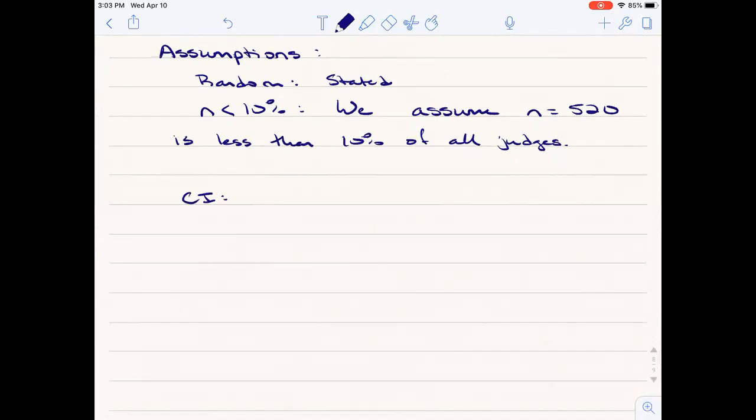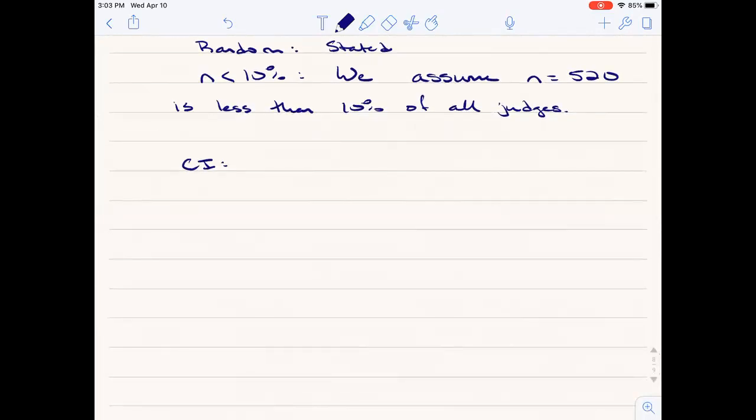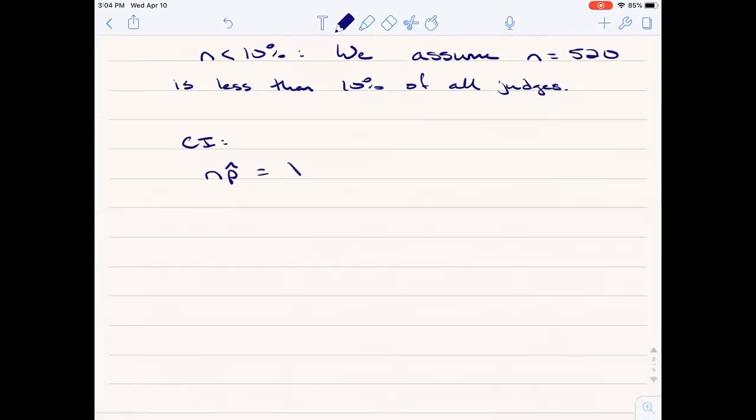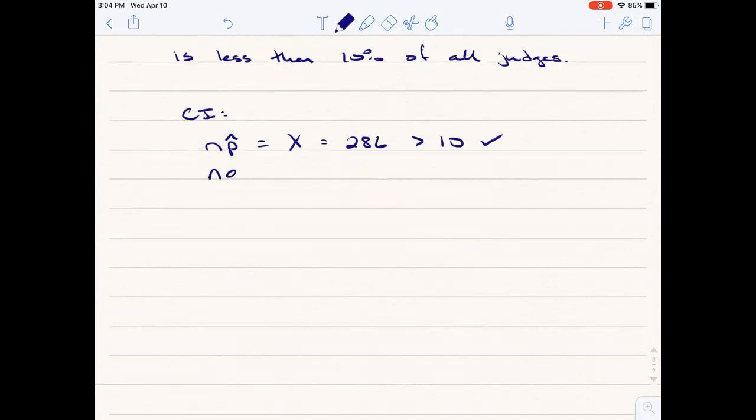For a confidence interval, we have to check that n times p hat, which is more simply x if you know it, right? Just the number of successes, which in our case is 286. It's more than 10, so it checks out. Then we have to check that n q hat, which is just n minus x, right?